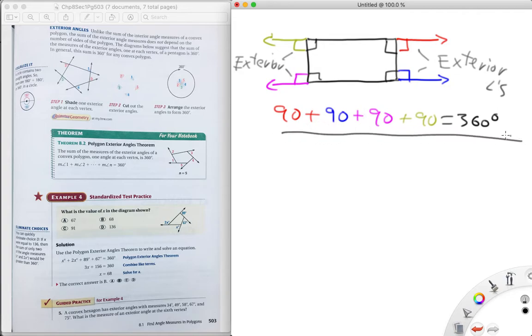And in fact, if I were to add the exterior angles of any polygon, it would give me 360 degrees.